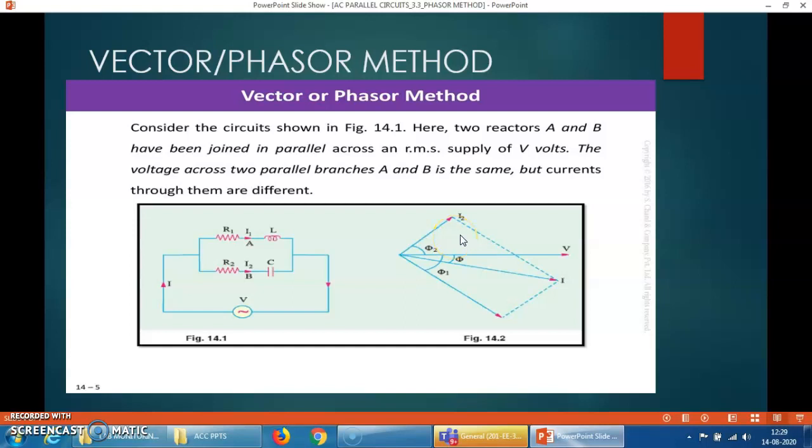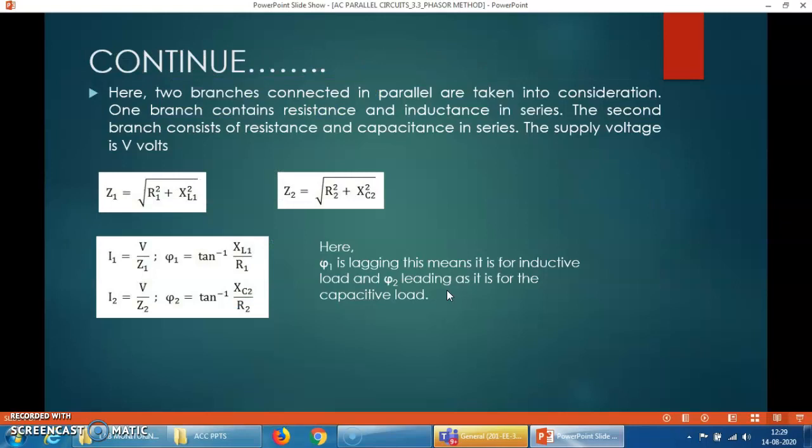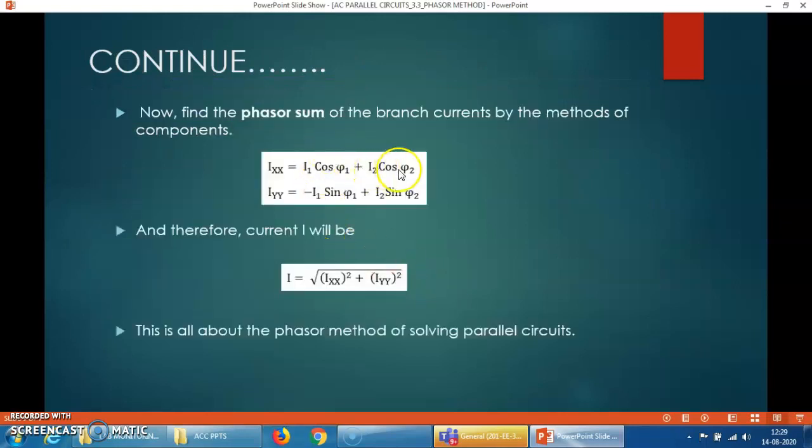By addition of I1 cos phi 1 plus I2 cos phi 2, you get the x component, the real component. It is the phasor sum. See the minus sign, because the I1 current is lagging behind the voltage, so its sine component is on the minus y axis.